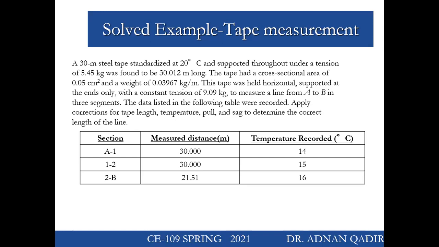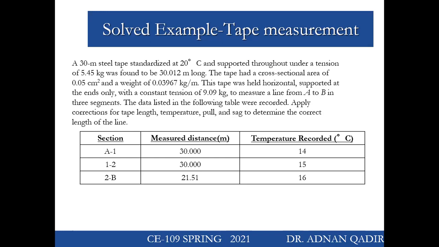The tape had a cross-sectional area of 0.05 centimeters square and a weight of 0.0396 kg per meter. The tape was held horizontal, supported at ends with a constant tension of 9.09 kg to measure a line from A to B in 3 segments. The data listed in the following table were recorded. Apply corrections for the tape length, temperature, pull, and sag to determine the correct length of the line.